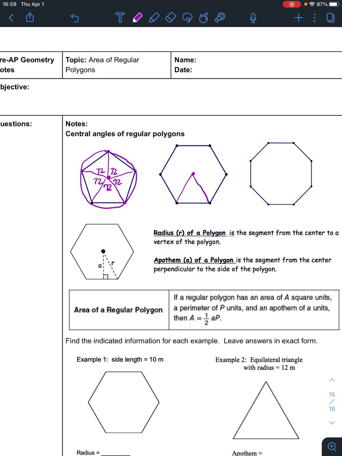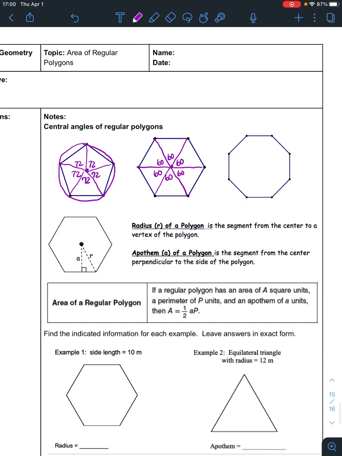Okay, with this hexagon, again, I find the center. Imagine that there's a circle drawn around this. Then each of those would also be the central angle of that circle. It's 360 divided by 6, and you would get that each of these angles in the center are 60. Now, ultimately, what we're going to care about is one of those little triangles.